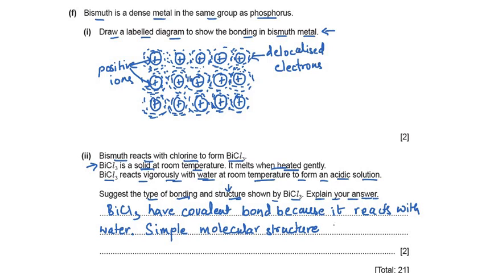So you can say that it has a simple molecular structure because it has a low melting point, because it melts easily on gentle heating. So we can say that it has a low melting point, and as it has a low melting point, it has a simple molecular structure. So here ends our question 2, and the remaining few questions we'll be discussing in our next video.